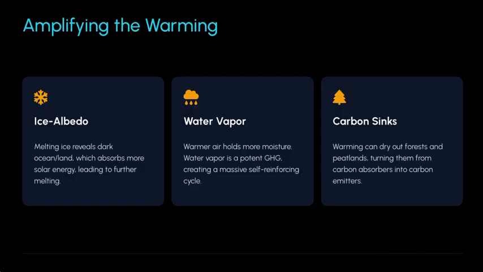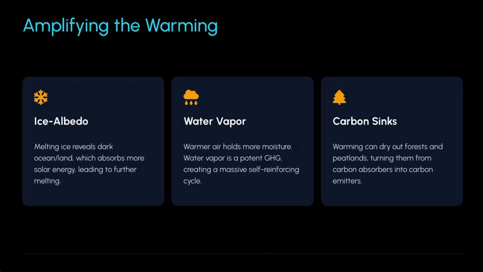So, amplifying the warming. We have ice albedo: melting ice reveals dark ocean and land, which absorbs more solar energy, leading to further melting. There's also water vapor: warmer air holds more moisture, and water vapor is a potent GHG, which creates a massive self-reinforcing cycle.